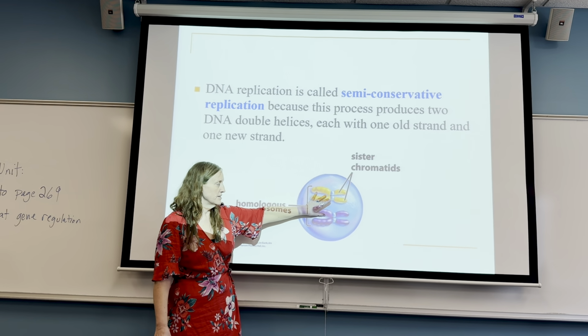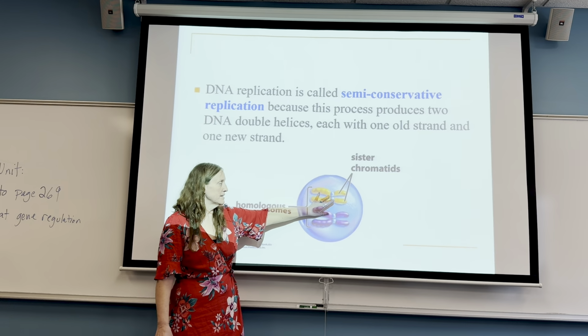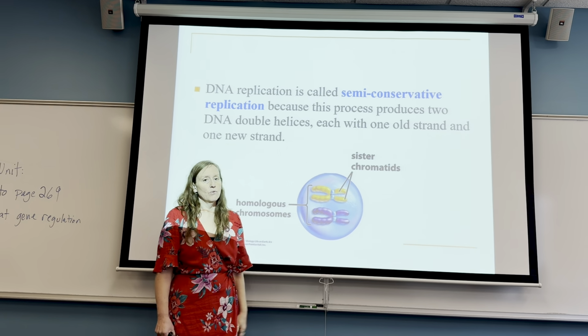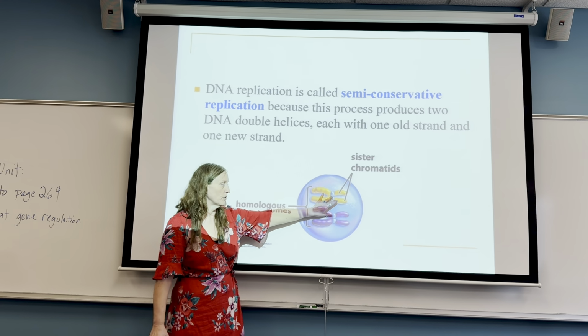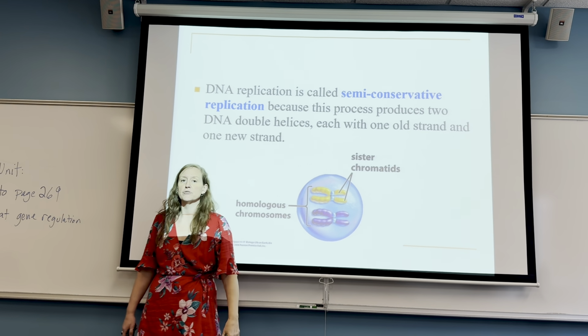The original message is in this side of the chromatids, and the new copies are on the outside. So what we mean by semi-conservative replication is that we are conserving the original message, but we're adding a new copy to go into other cells.